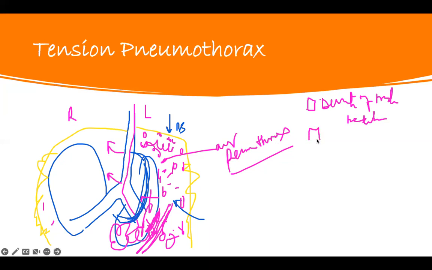If you listen to the thorax where the injury is on the left side, there will be decreased breath sound. But because you listen to a lot of air that is floating around, we call it hyperresonance. It's different.